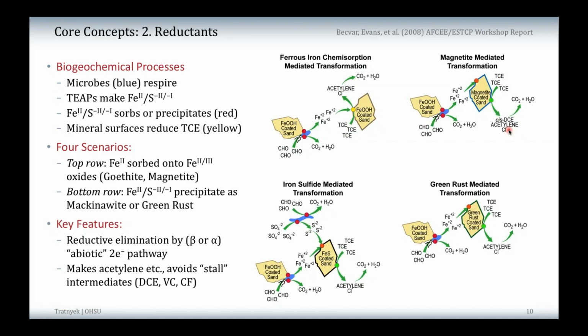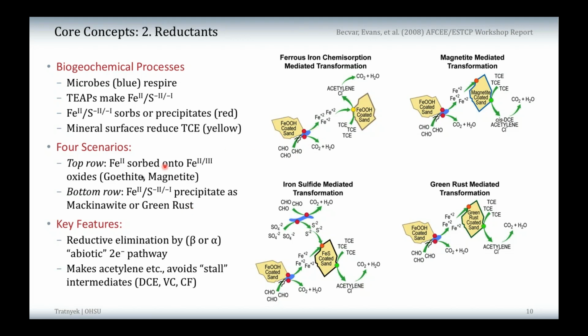So the key distinction being demonstrated here is that the contaminant degradation is remote from the microbiology. The microbiology is producing the iron, producing a new reducing phase, and it's that reducing phase that's degrading the TCE. If the microbes were degrading the TCE directly, that would be biodegradation, it wouldn't be ISCR.